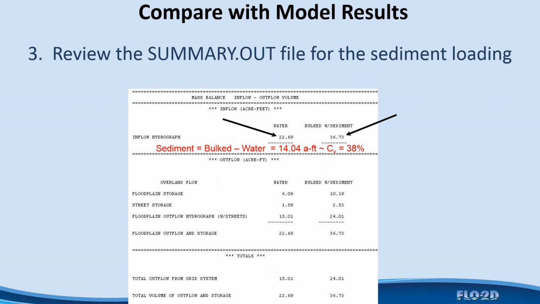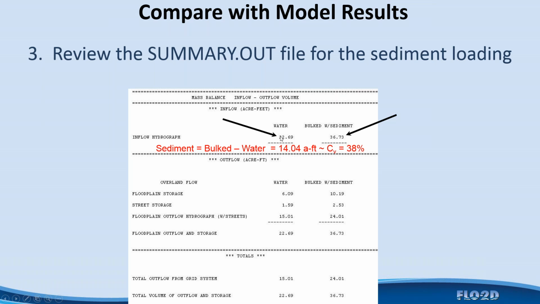Then when you run the model, you could run it for a simulation time of a tenth of an hour or a hundredth of an hour, and it would compute the water volume in the hydrograph and the bulked sediment volume for you. And you could see this, and decide whether or not you needed to add sediment supply or what the relationship was here.